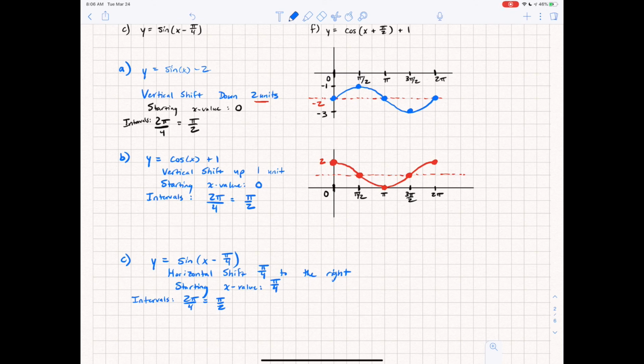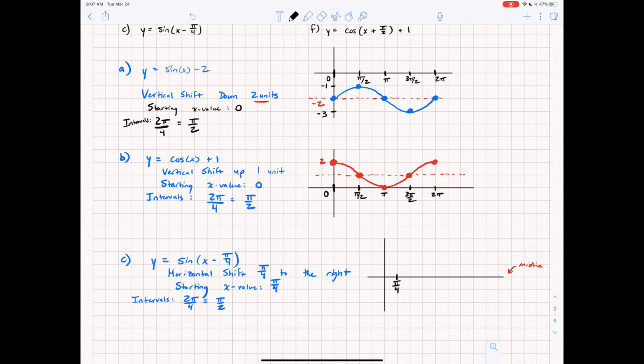So if I come over here to my graph, there's no vertical shift, so my midline is the x-axis. But my starting dash mark for my 5 won't be at the origin. It's going to start at pi over 4, which I'll put right here.